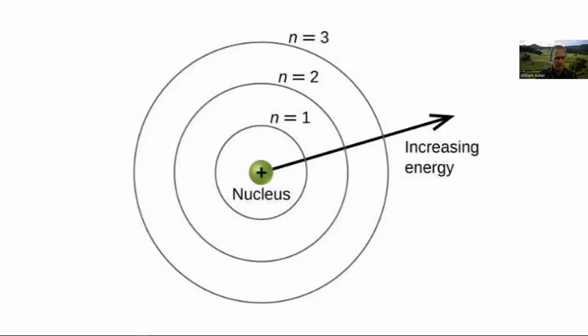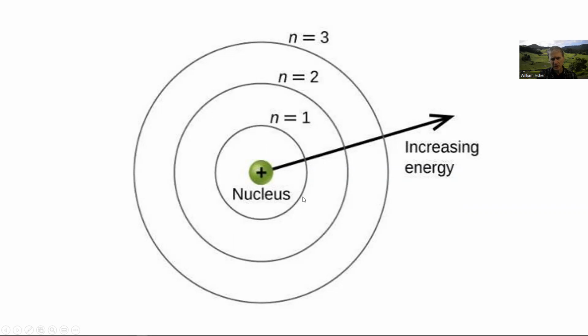If you look at what the structure of atoms really looks like, the electrons are arranged in shells. We have the nucleus, and the shells are numbered from 1 to infinity, although we really know 6 or 7 in most atoms.